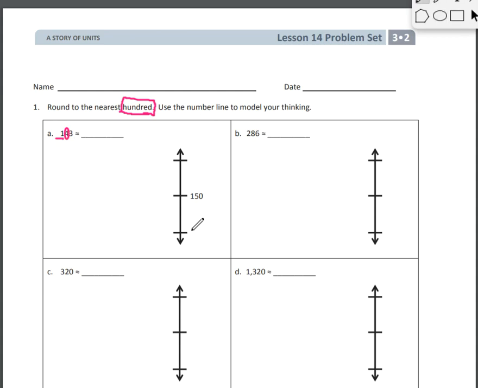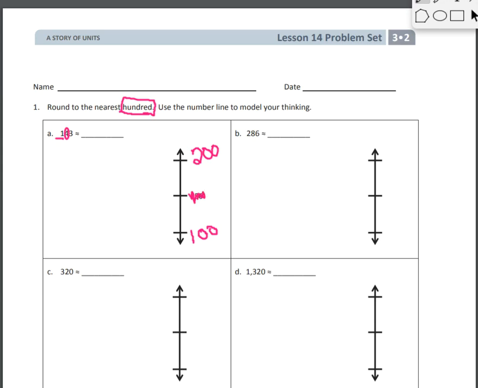So 143, this value would be 100, and this value would be 200. This middle value is basically just a way to remind us that we're going by 50, 100, 150, 200. If it is super confusing to you because we are not rounding to tens, you can scribble it out.